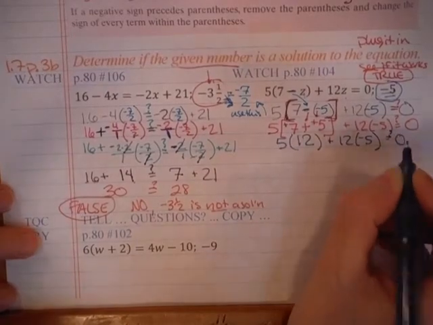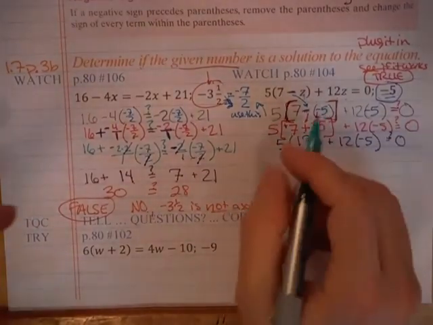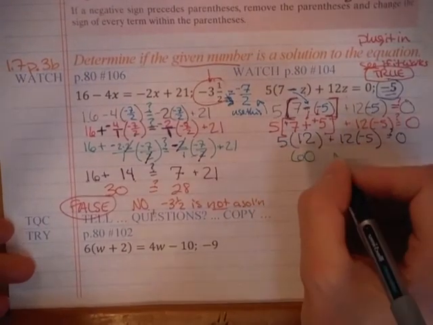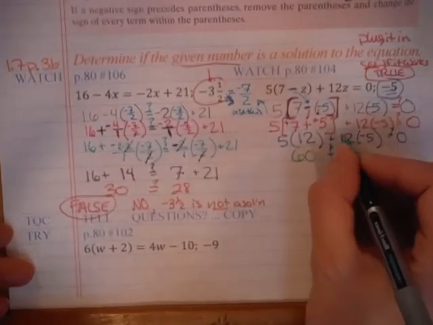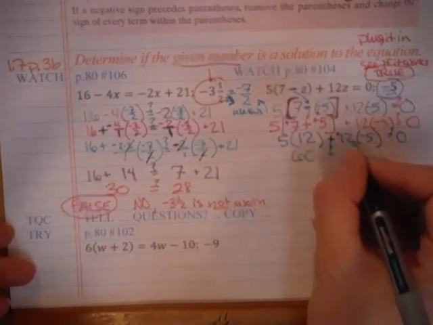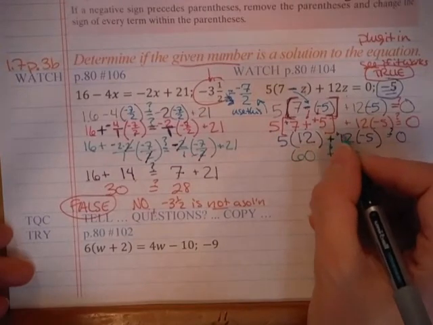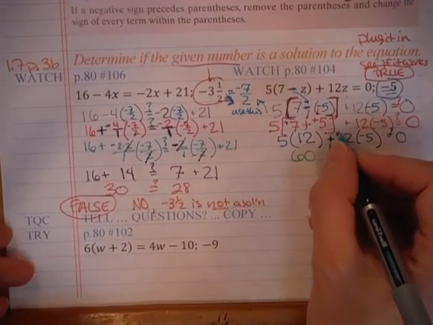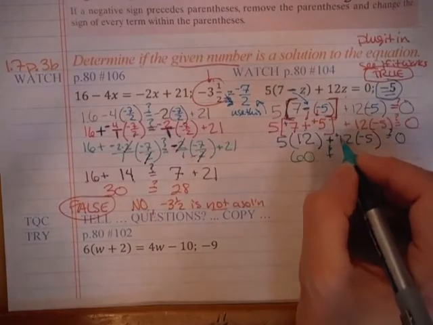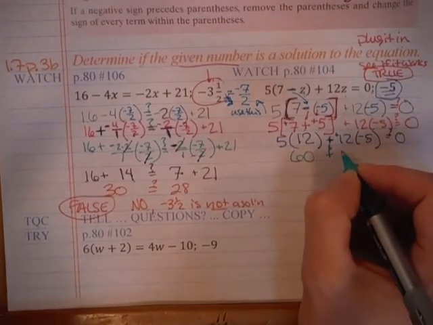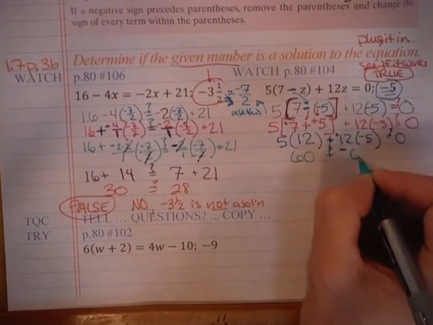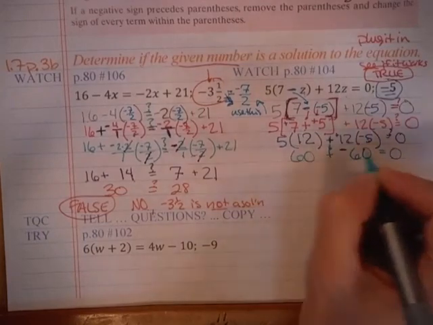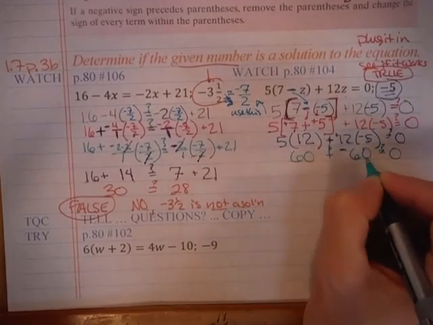Does this equal 0? 5 times 12, positive times positive, that's 60, plus positive times a negative, it's plus a positive 12 times a negative 5. When you don't see that sign in front, it's a plus. Okay, so we've got a positive times a negative here. That answer is going to be negative. 12 times 5 is 60 again. And I've got 60 plus a negative 60.